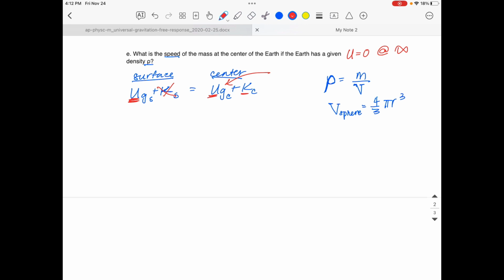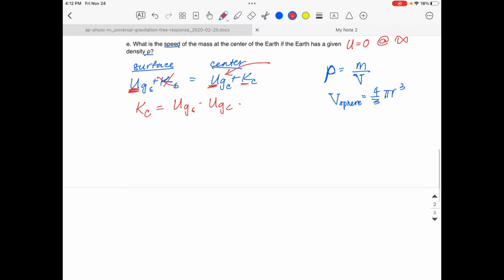Very similar, but different. So now, actually, let's go ahead and isolate kinetic energy first. That's going to equal the gravitational on the surface minus the gravitational at the center. And then this whole thing is going to equal work done by gravity.